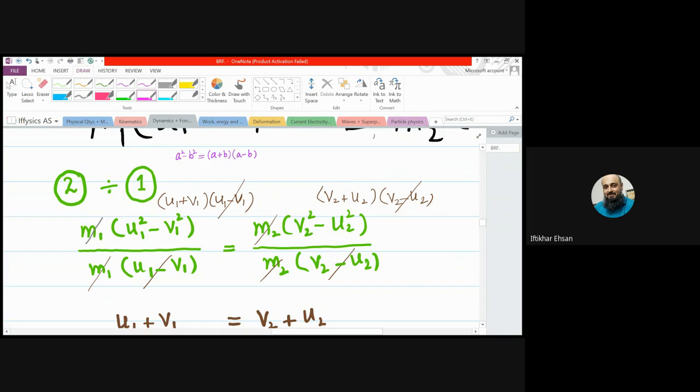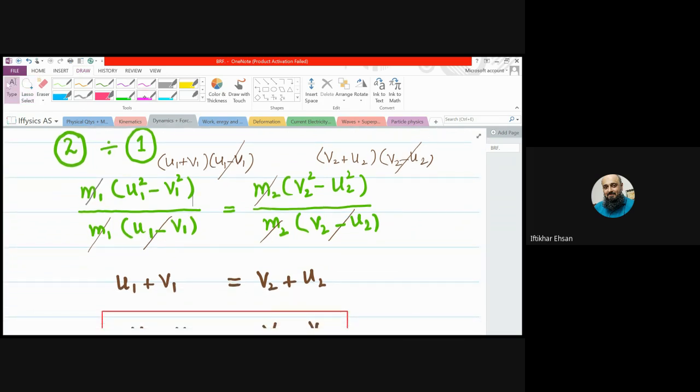So beta, now when we write it like this, this u1 minus v1 will be cancelled by the other u1 minus v1. So we will only be left with u1 plus v1. Clear?